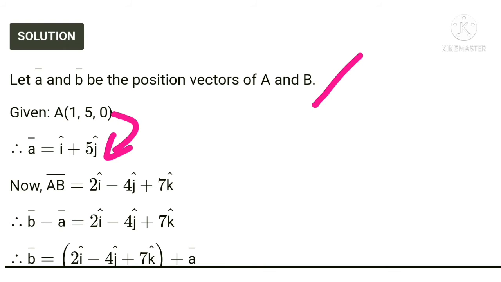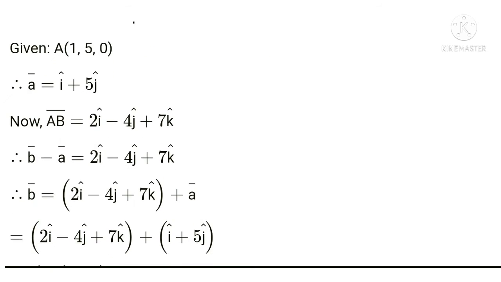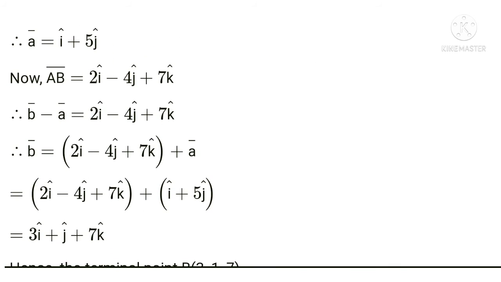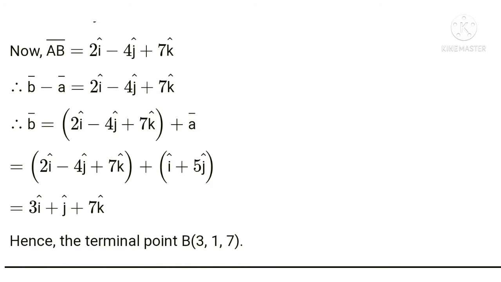AB bar is given as 2I cap minus 4J cap plus 7K cap. So we find AB bar, you can write AB bar as B bar minus A bar is equal to 2I cap minus 4J cap plus 7K cap. We have to find B bar, so take A bar to the RHS. We get B bar as 2I cap minus 4J cap plus 7K cap plus A bar.